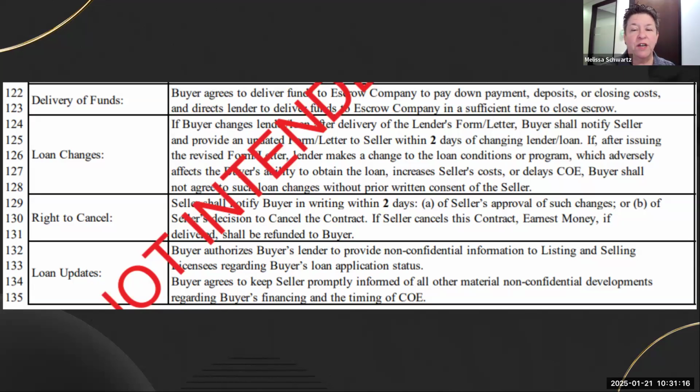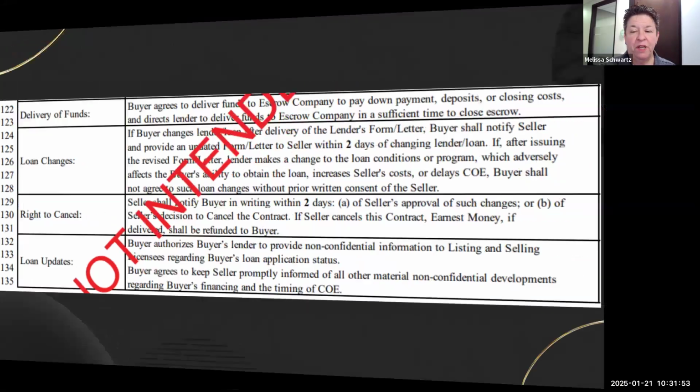If something adversely affects the buyer's ability, buyer shall not agree to such loan changes without prior written consent by seller. Similar, right? Right to cancel, seller shall notify buyer in writing within 2 days of seller's approval of those changes or seller's decision to cancel if the buyer's making changes to their loan program, if it's going to cause a delay or an issue. Loan updates, they have to provide non-confidential information, but it doesn't give them a form to do that. So we'll see what lenders do in that scenario.